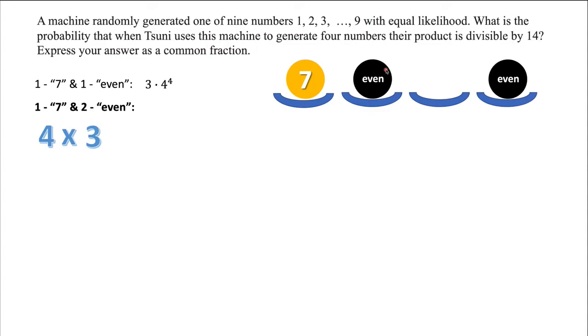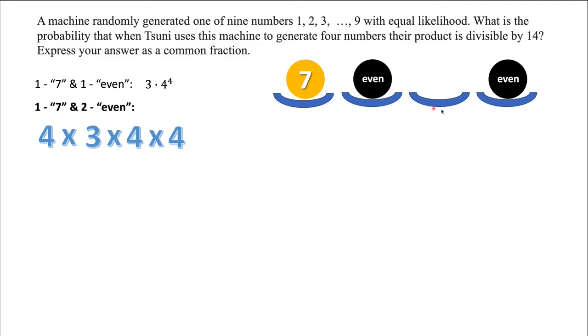So we need to multiply the 3 we have by 4, representing the first ball, and also multiply by 4 for the second ball. So the total number to fill 3 spots, 1 with 7 and 2 with even balls, is 4 times 3 times 4 times 4.